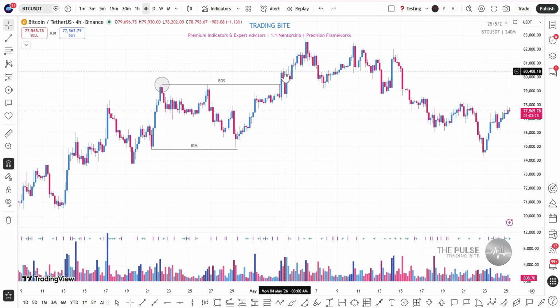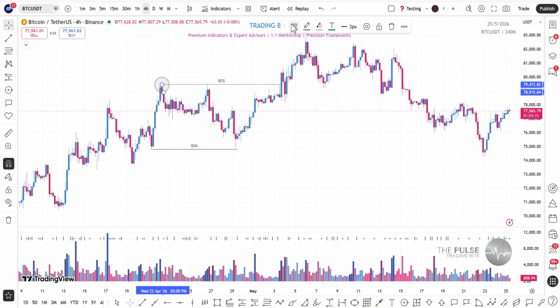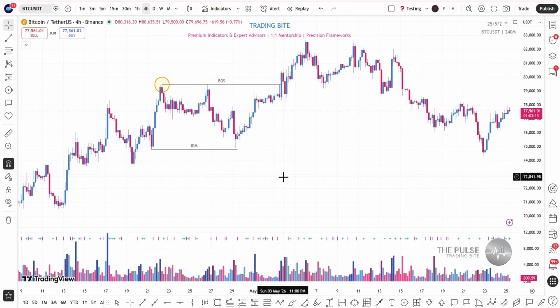The reason is that according to this high, this was our liquidity point or inducement, which has not been taken, but the market moved upward and closed above our reference point. So this is not a valid breakout structure.